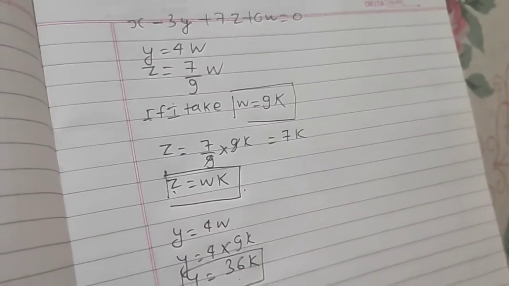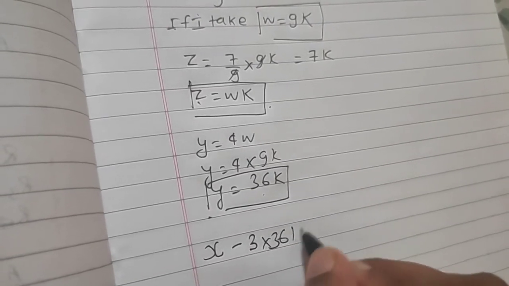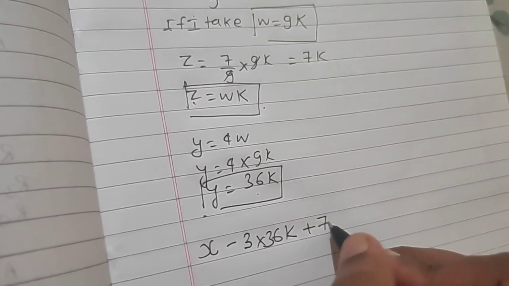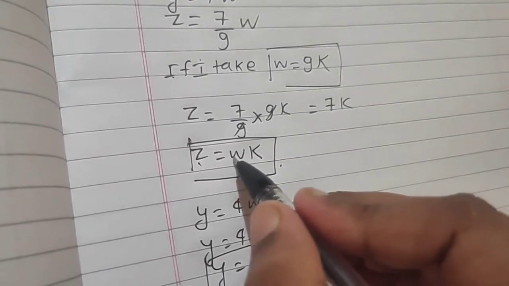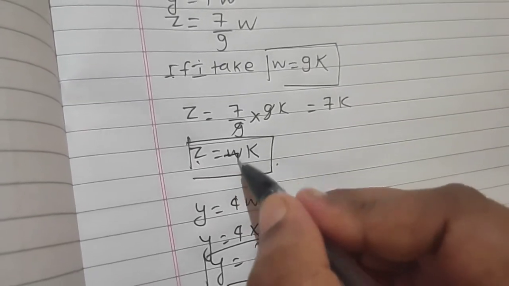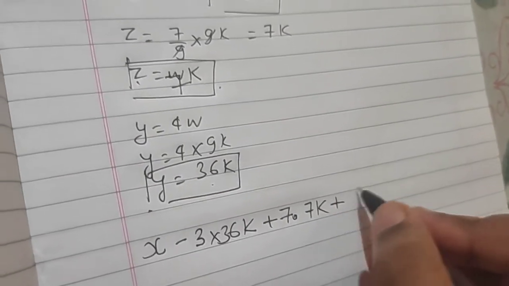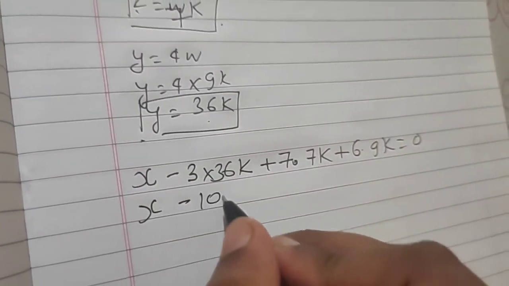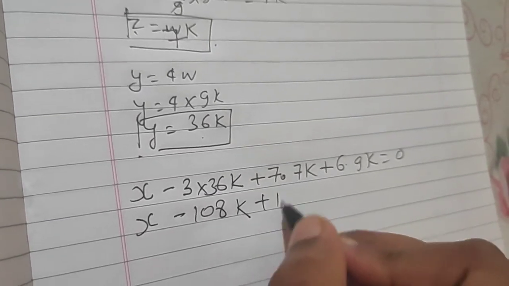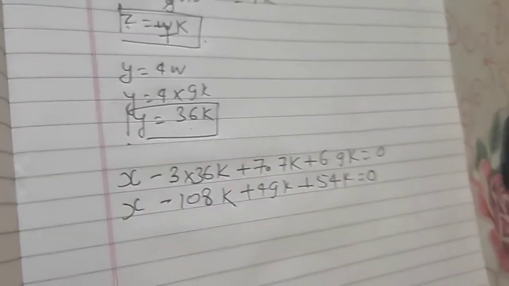Now coming to the first equation, x minus 3 times y, y is 36k, plus 7 times z, z is 7k, so 7 times z is 7k plus 6 times w is 9k equals to 0. So x minus 108k plus 49k plus 54k equals to 0.